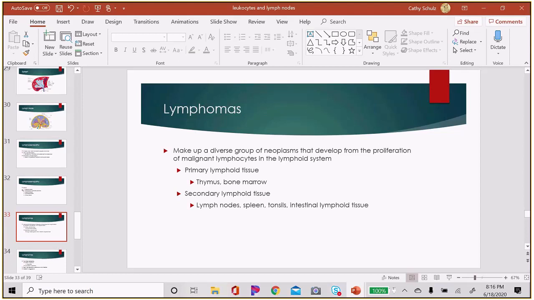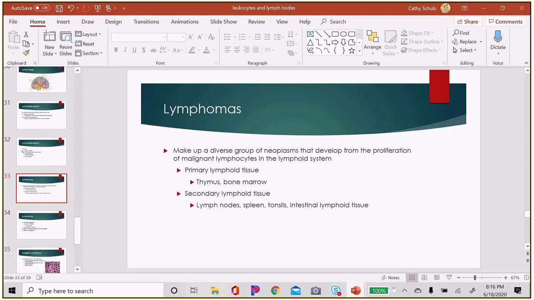So it's an overgrowth or proliferation of lymphocytes that live in lymph nodes or lymphoid tissues, such as the spleen, the thymus, or other areas of lymph tissue like in the liver or in the intestines, wherever they might be.